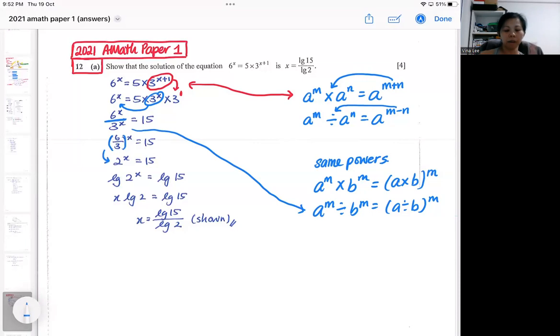Then from there, if you can get to this stage, you've already executed your indices rule. The next step is to take log on both sides.